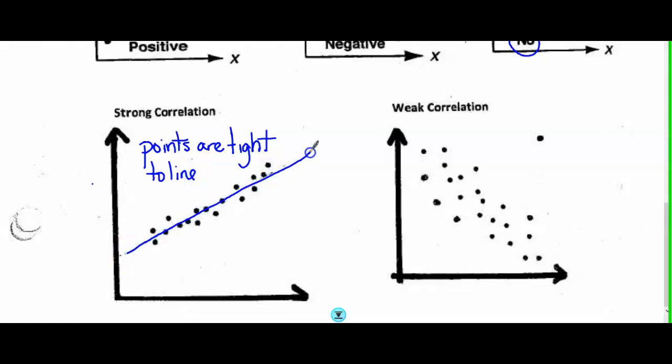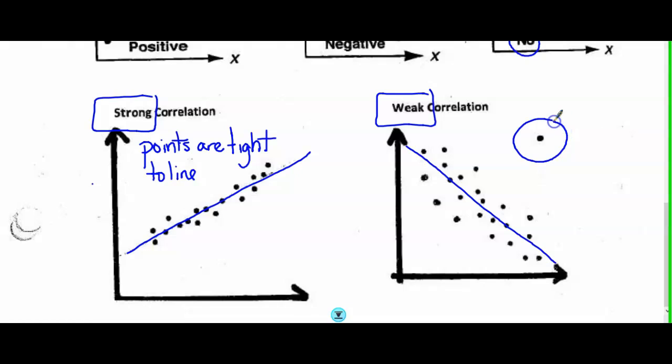So if the points are tight against a line, that's called a strong correlation. And if the points don't go tight against your line, we call that a weak correlation. And from your science experience, do any of you know what this is called? This point that lies way away from the rest of the data? It's called an outlier.